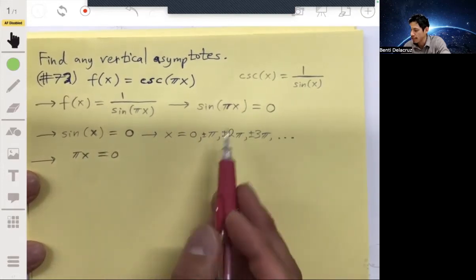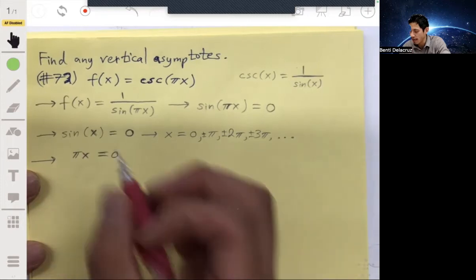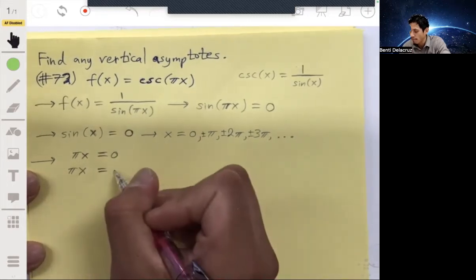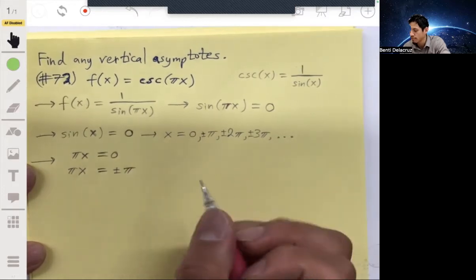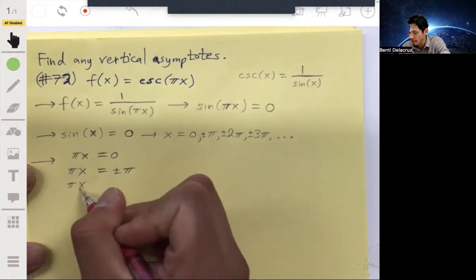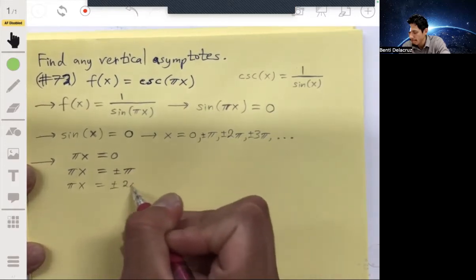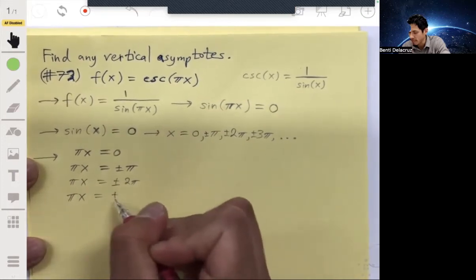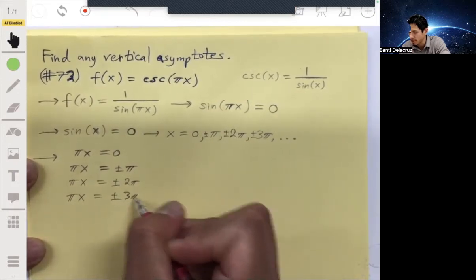Or when is pi x equal to positive or negative pi? When is pi x equal to positive negative 2 pi? When is pi x equal to positive negative 3 pi, and so forth? So you're probably seeing the pattern now.